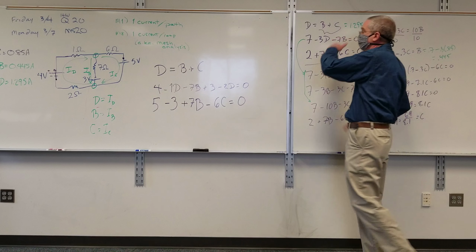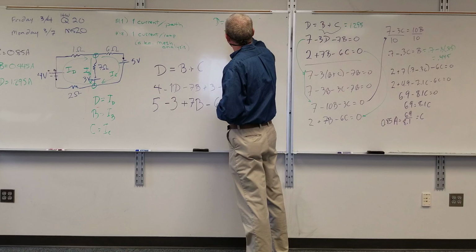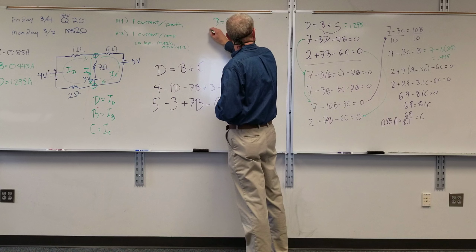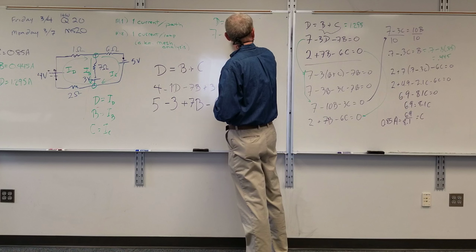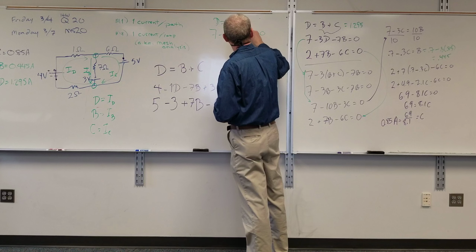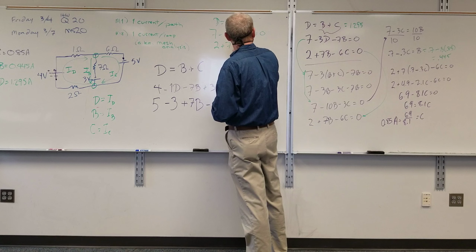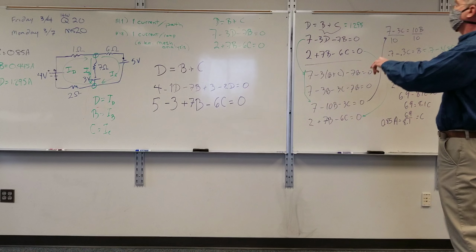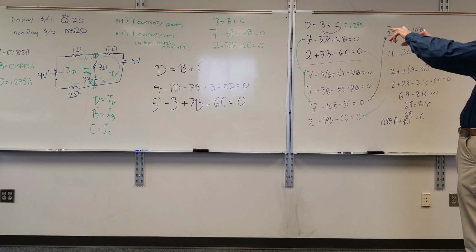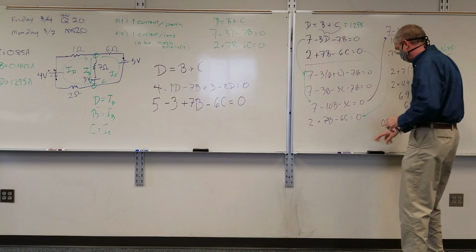So I'm going to rewrite the equations up here. So D equals B plus C. And then we had 7 minus 3D minus 7B equals 0. And 2 plus 7B minus 6C equals 0. Quick check, make sure I didn't get a sign off. Those look the same to me. All right.